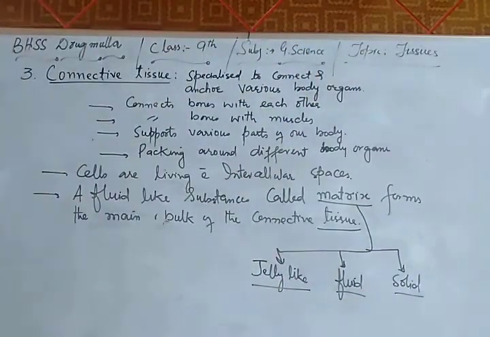So this connective tissue has a fluid-like substance which we call the matrix. That matrix forms the main bulk of the connective tissue. This matrix can be either jelly-like, fluid, or solid.